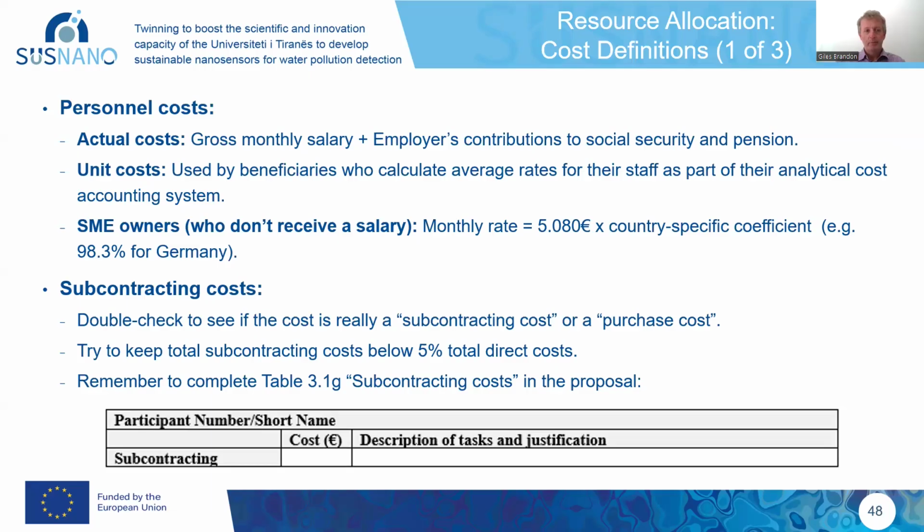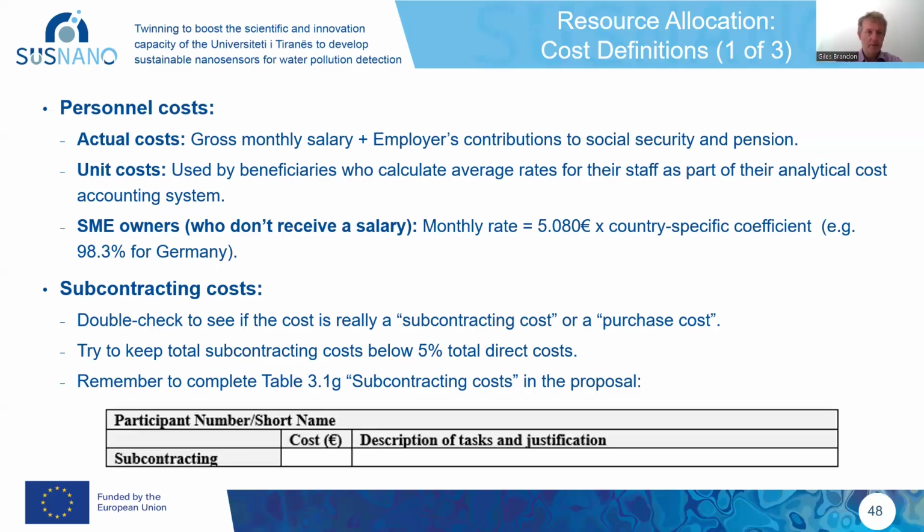So in your project, be it lump sum or reimbursement of actual costs, when you're putting your budget together, you'll certainly have personnel costs. They'll almost certainly represent the bulk of your costs in your project.